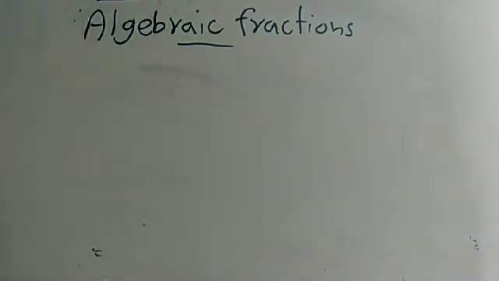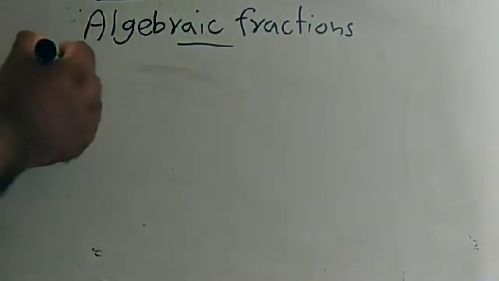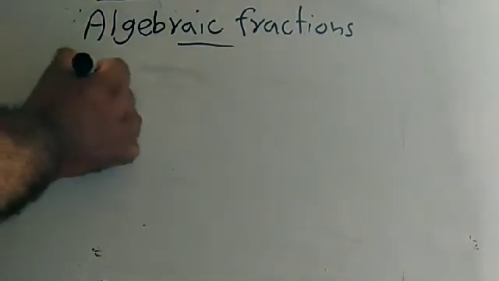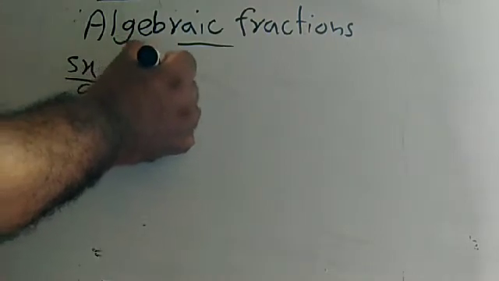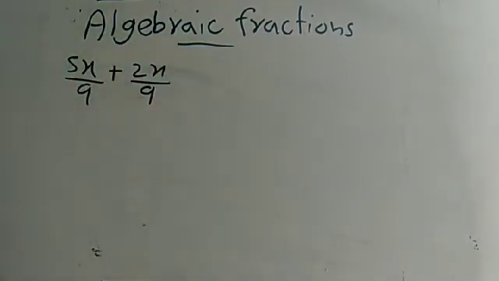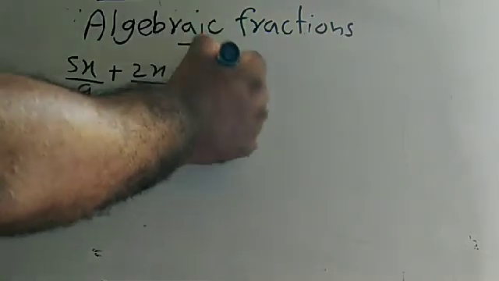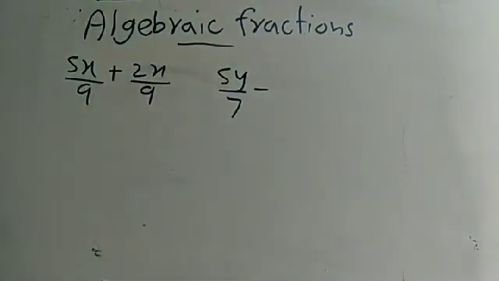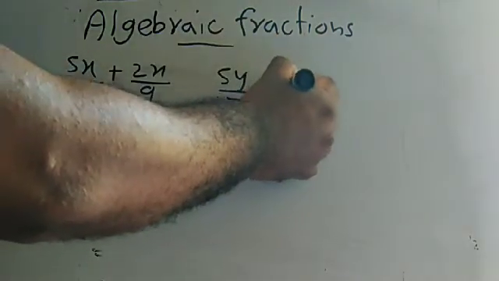Then these are equal denominators. For example, another one with equal denominators: 5x upon 9 plus 2x upon 9. What is the difference between the equal denominators? Right. Another one, 5y upon 7 minus 3y upon 7.